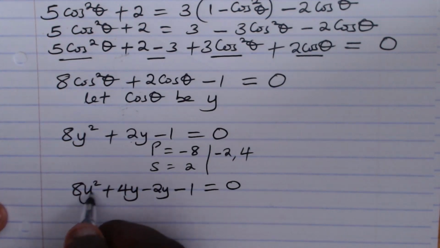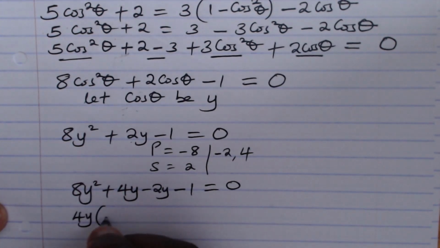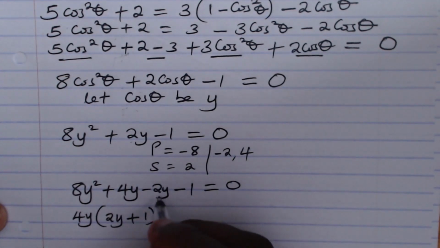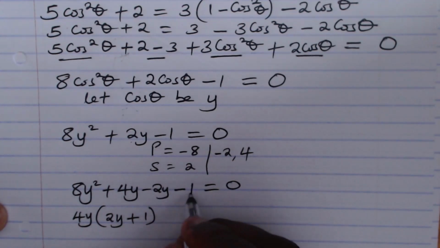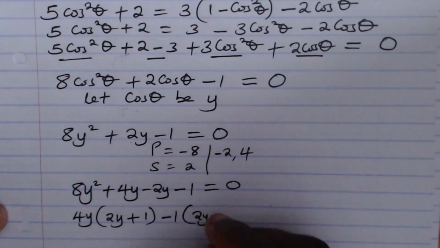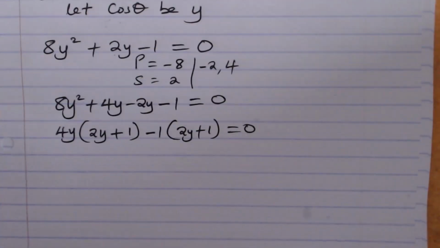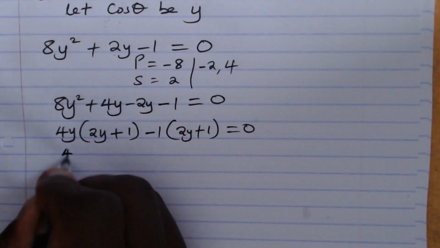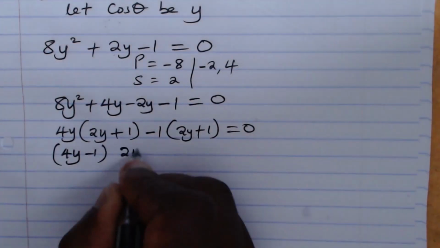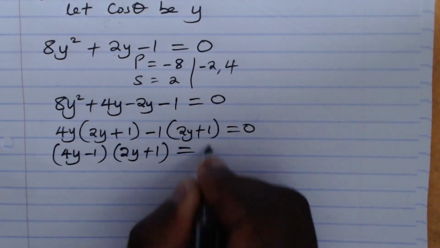Between 8y squared and 4y, 4y is common, so we have 4y times 2y plus 1. Between negative 2y and negative 1, negative 1 is common, so we have negative 1 times 2y plus 1 is equal to 0. This gives 4y minus 1 times 2y plus 1 is equal to 0.